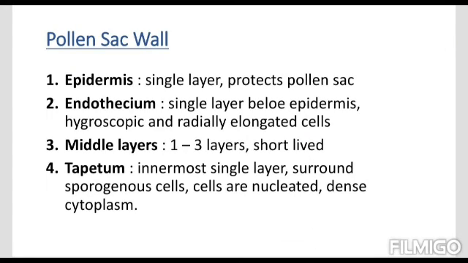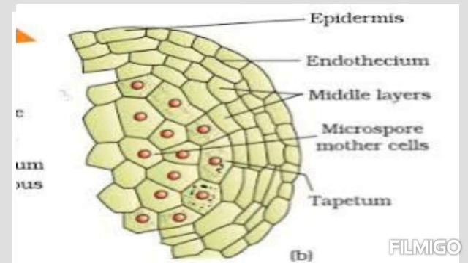The second layer, inner to the epidermis, is the endothecium. It is a single layer of cells below the epidermis. These cells are thick and radially elongated. In the inner wall layers of the cells, at the contact line, alpha cellulose gets deposited, due to which fibrous strips are formed.